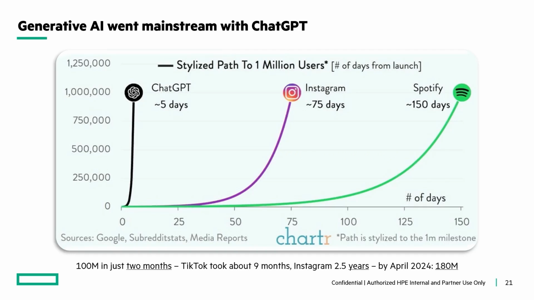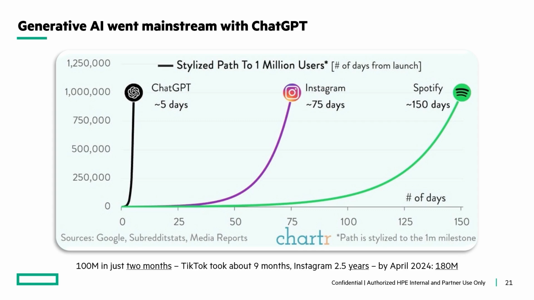With generative AI, what we saw with ChatGPT, the thing that every one of us has heard of, every newspaper headline has been written about. ChatGPT went from 0 to 1 million users faster than any system ever. Faster than Instagram, faster than Spotify, certainly faster than Facebook and all the rest. 5 days to 1 million users.